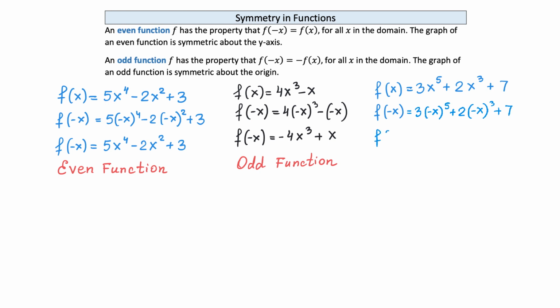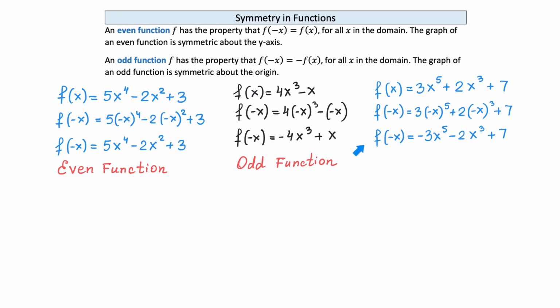Then f of negative x equals negative x to the power of 5 is negative, times 3 will be negative 3x to the power of 5, and then negative x to the power of 3 is negative, so we will have negative 2x to the power of 3 and then plus 7.